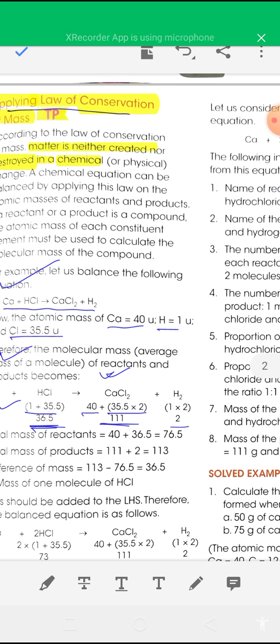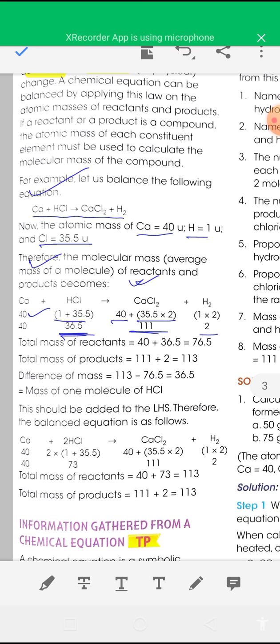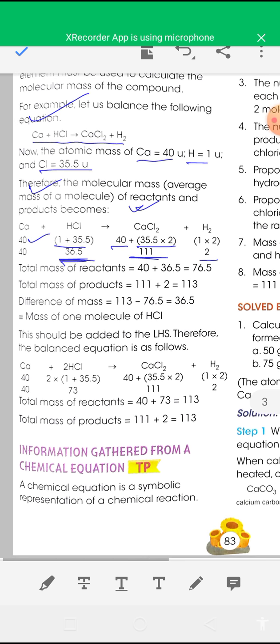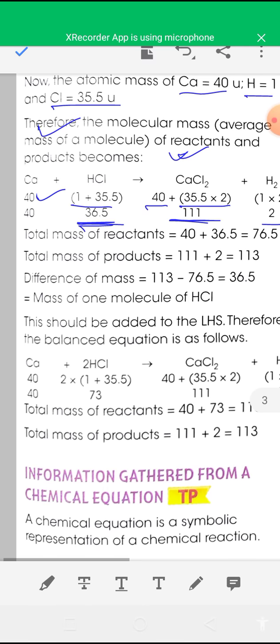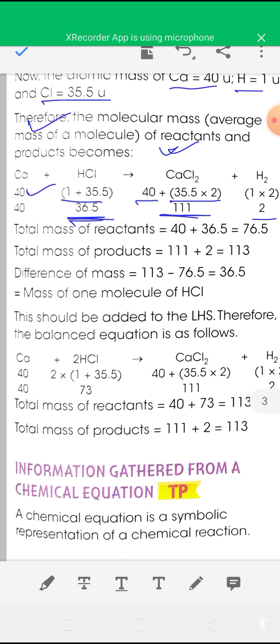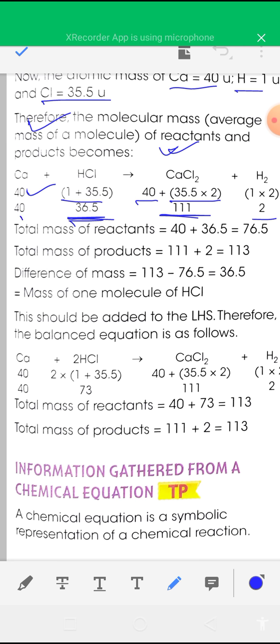So according to this reaction, calcium is 40, HCl is 36.5, CaCl2 is 111, and H2 is 2. The total mass of reactants is 40 plus 36.5, that is 76.5, and the total mass of products is 111 plus 2, that is 113.